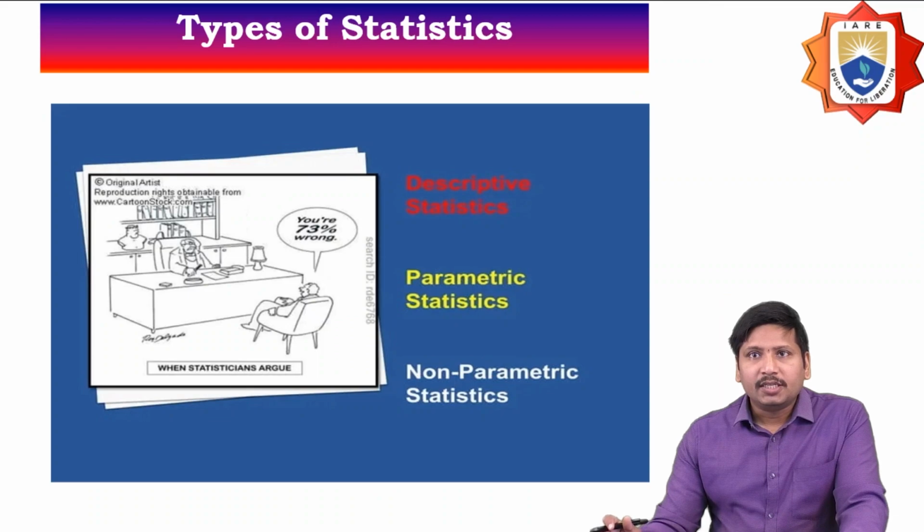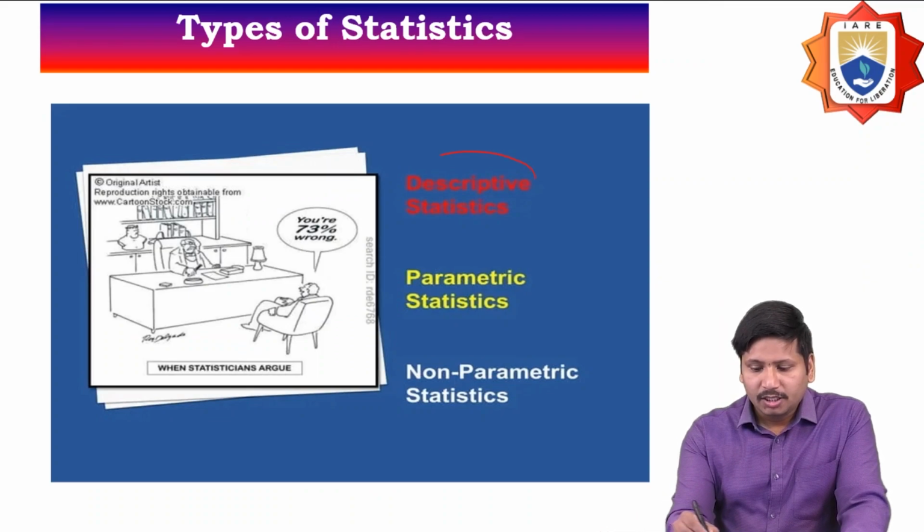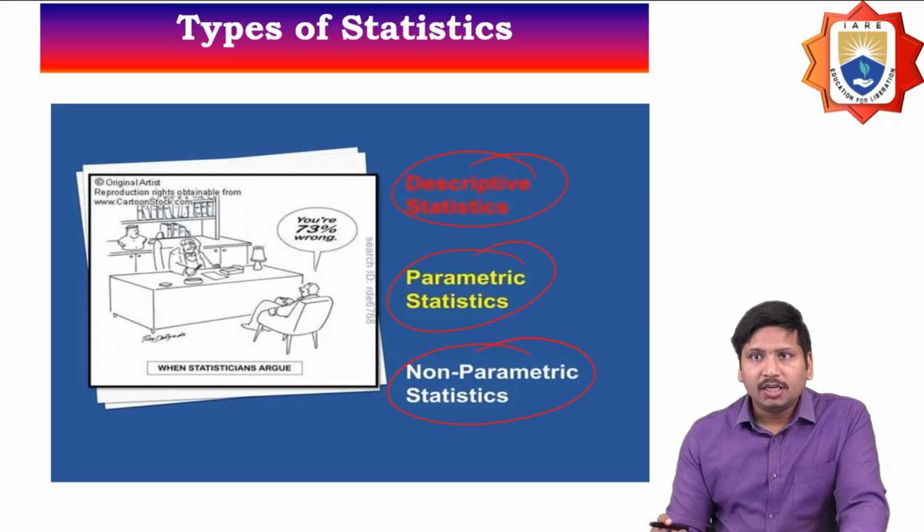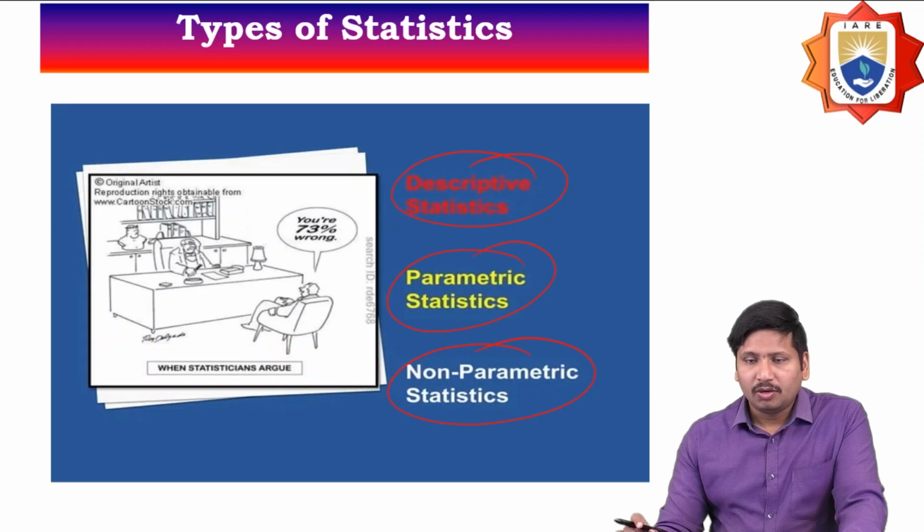Statistics is classified into three types: descriptive statistics, parametric statistics, and non-parametric statistics.